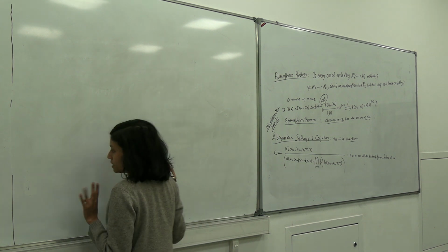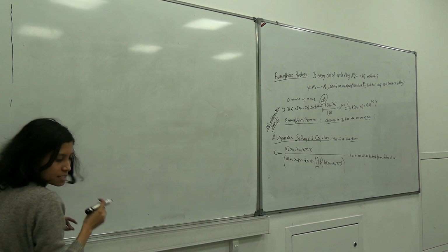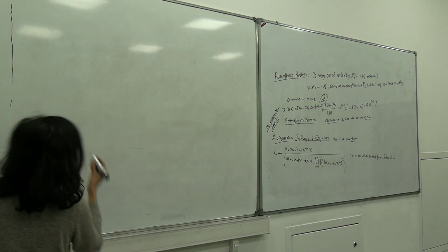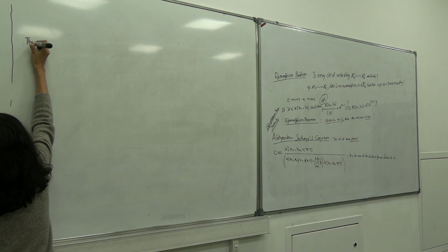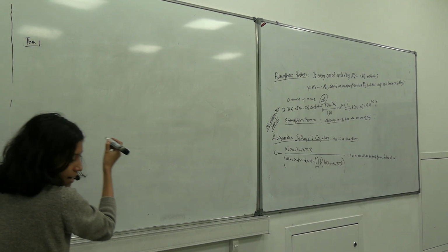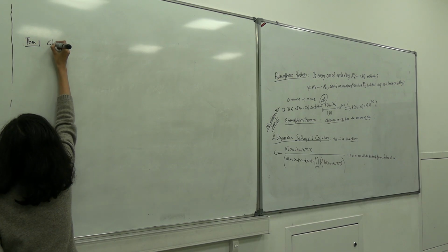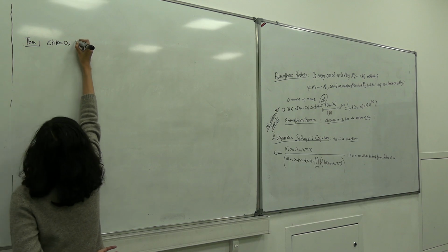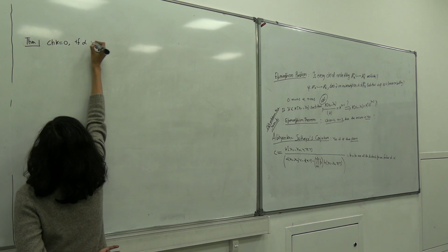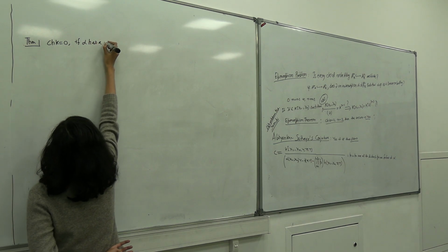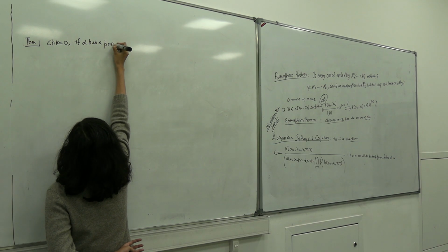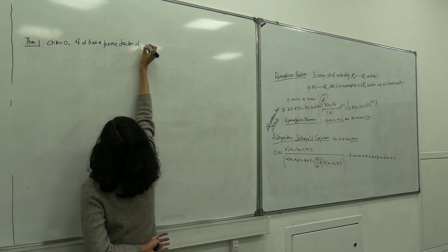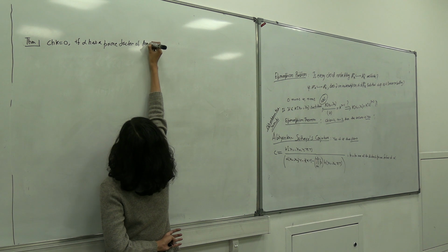So the first result is in characteristic 0. Let me call it a theorem. It says that the characteristic of the field has to be 0, plus alpha has a prime factor of degree 1.